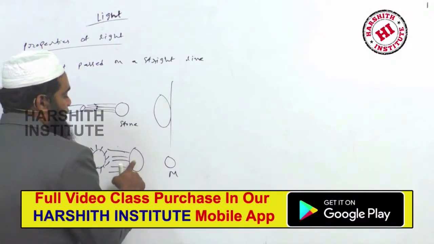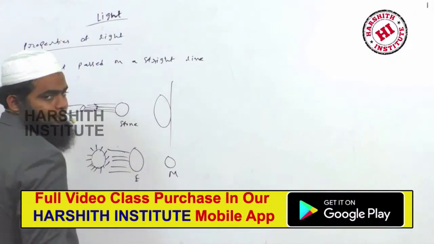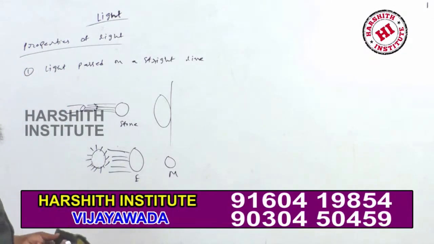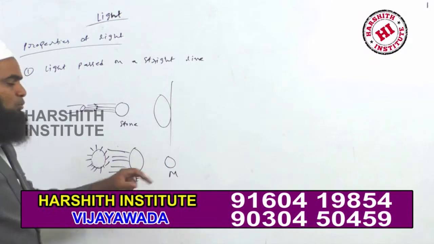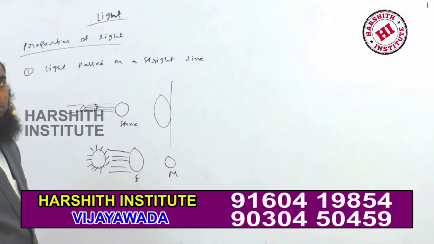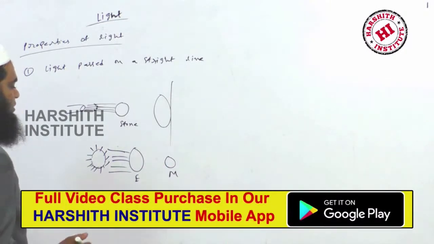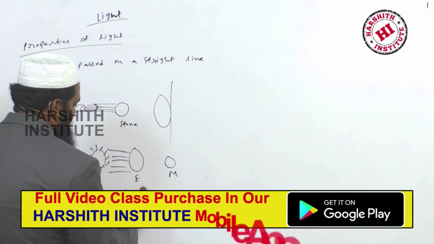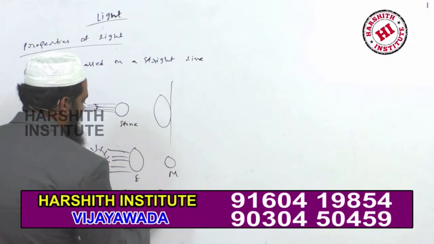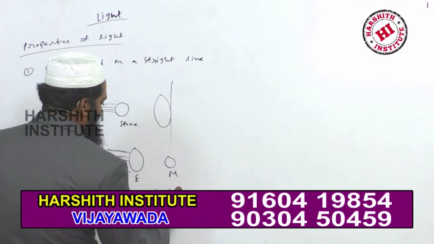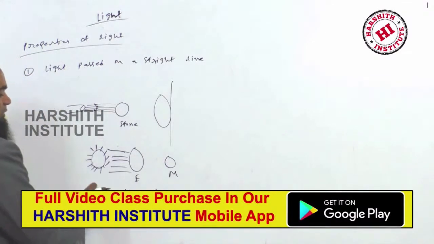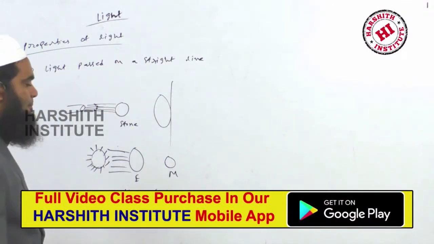In this case we cannot observe the moon, because the light only passes on the earth but not on the moon also. In this case, a lunar eclipse is formed.